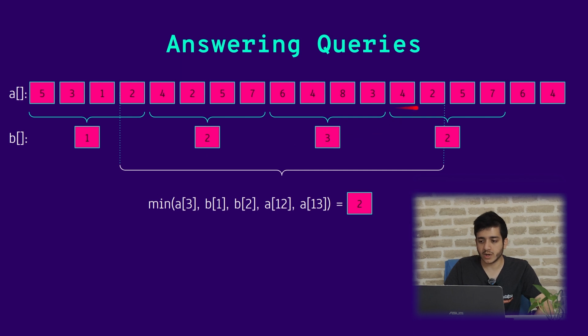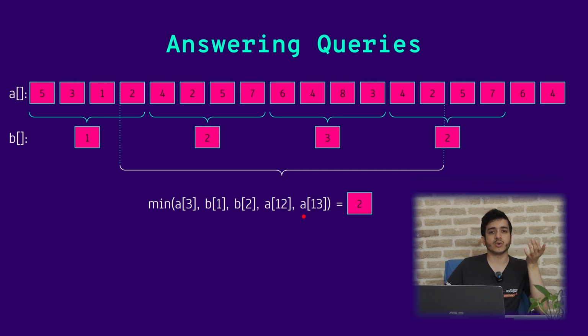And here we have again 2 single elements to process, 4 and 2, and we calculate the minimum of all of this, A3, B1, B2, A12 and A13, and the minimum is 2. And instead of calculating the minimum of 11 elements, we just calculated the minimum of 5 elements, just 5 operations.